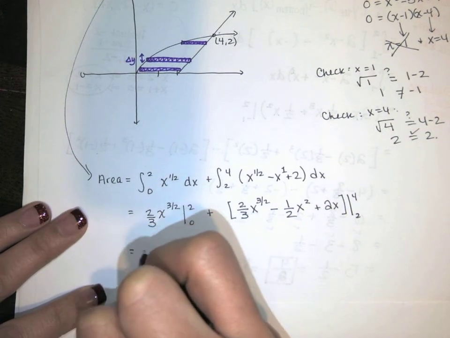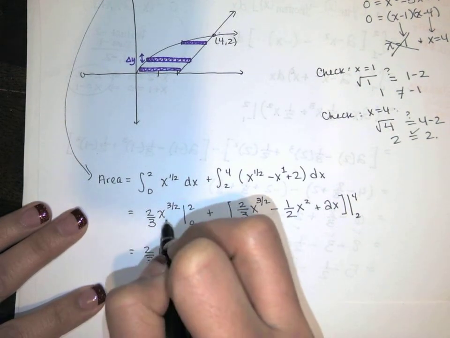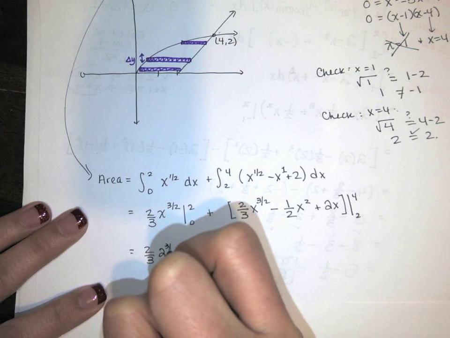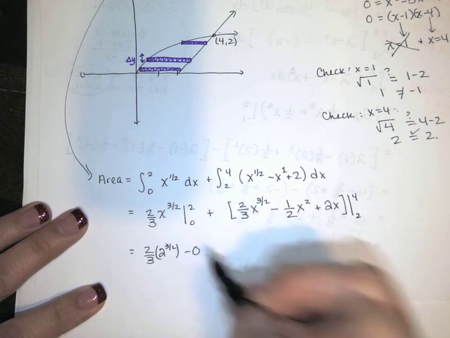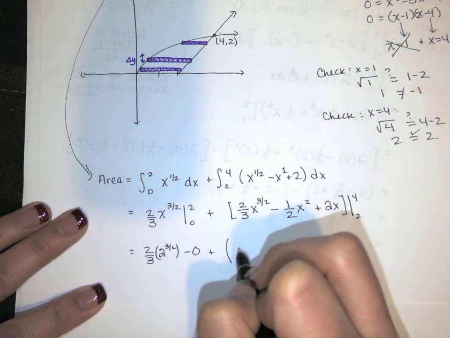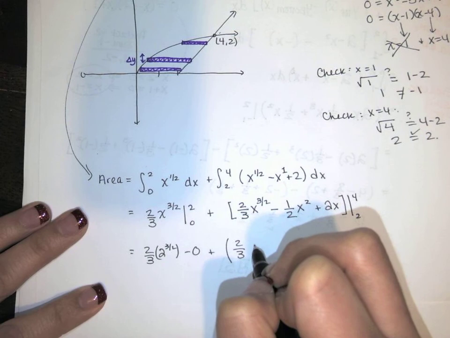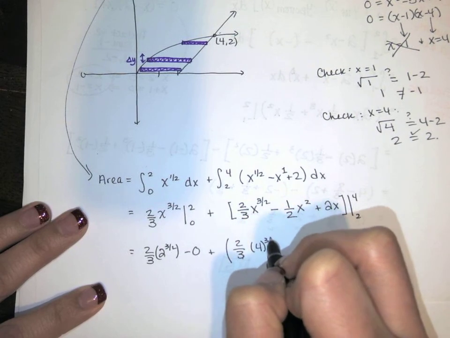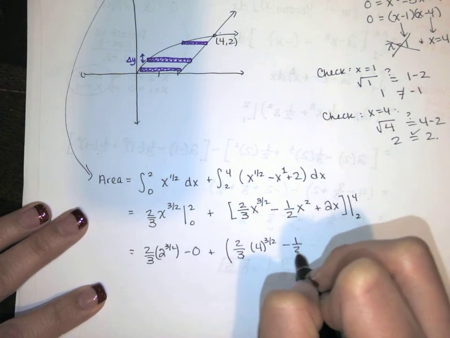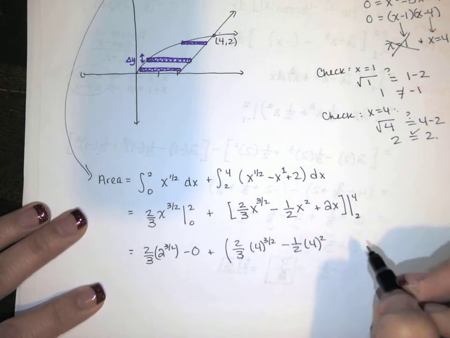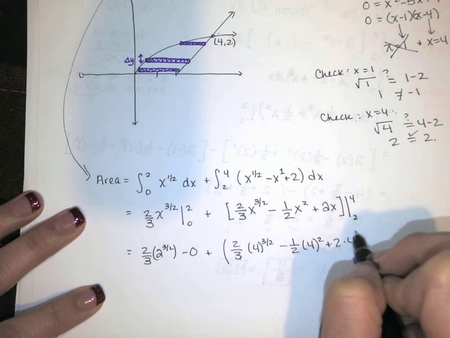Okay, so we've got 2/3 times 2 to the 3/2 minus 0. And then if we substitute in 4 over here, we've got 2/3 times 4 to the 3/2 minus 1/2 of 4 squared plus 2 times 4.